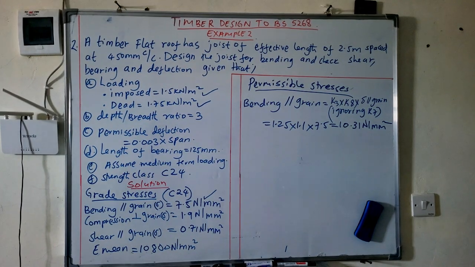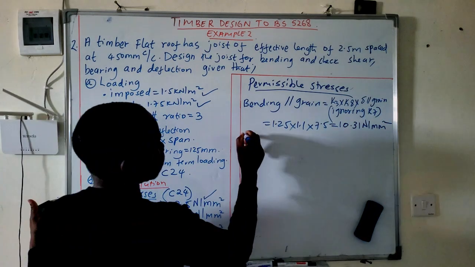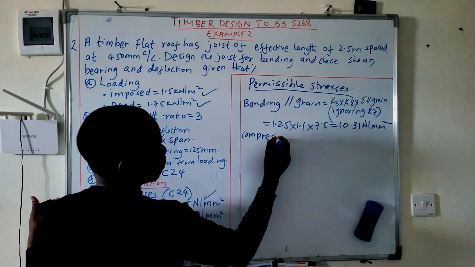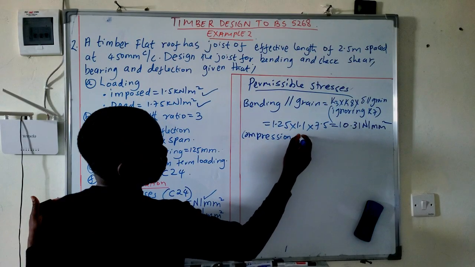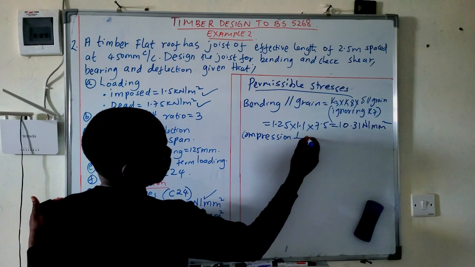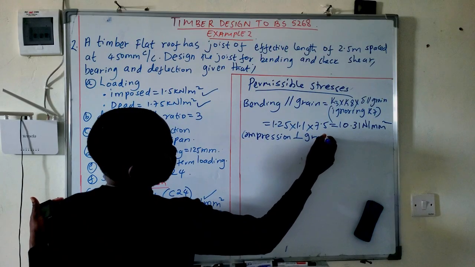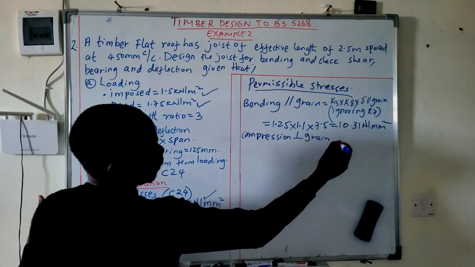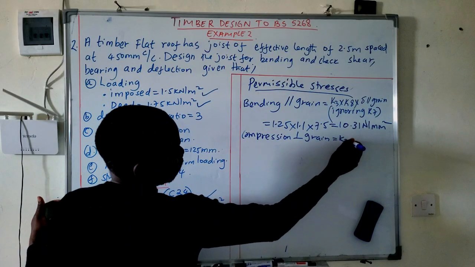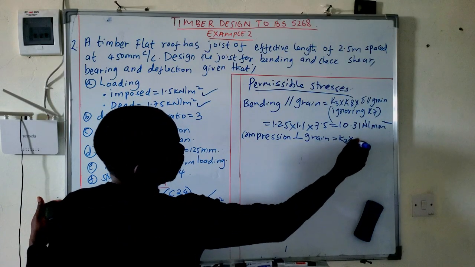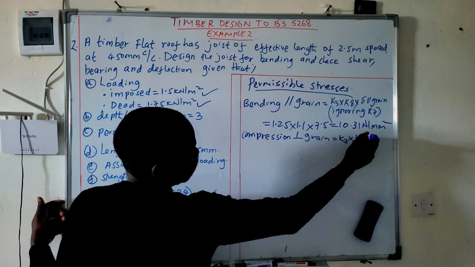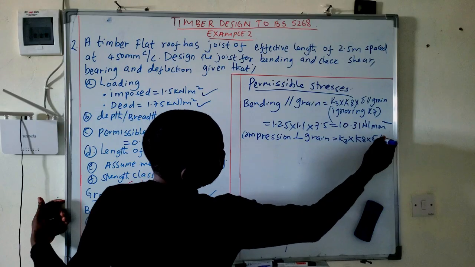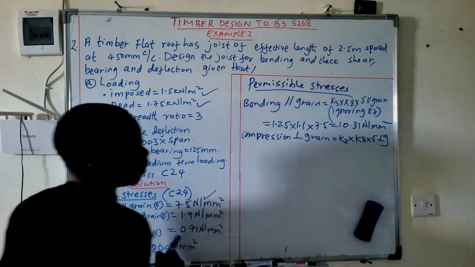Compression perpendicular to grain. So this one will be K3 times K8 times stress perpendicular to grain.